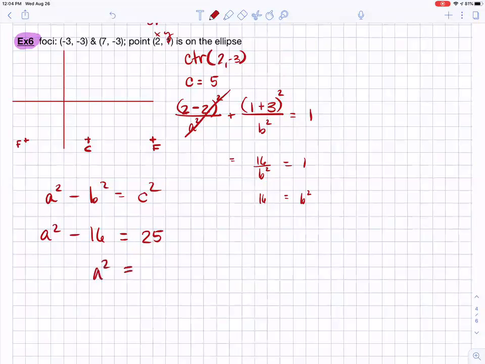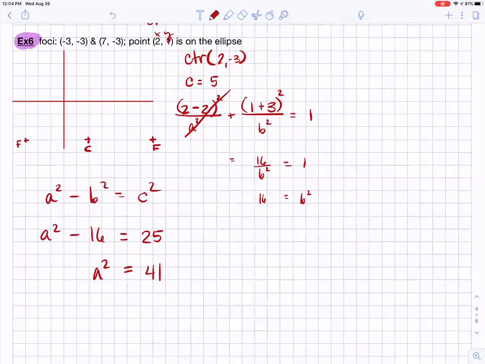And your a squared is 41. Now, since my equation requires a squared, I'm just going to leave that as a squared equals 41. If I had to graph, then I would have to take the square root of 41. But it didn't ask me to graph. It only asked me for the equation, so I don't need to do that extra work.